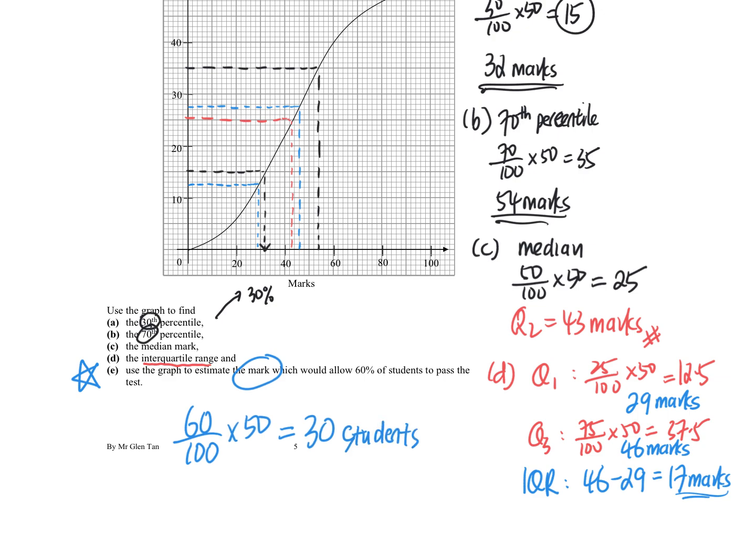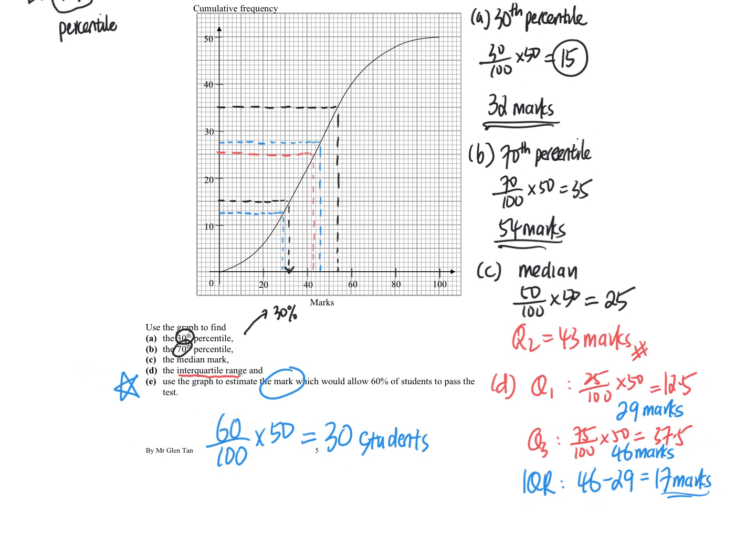So I don't care what the mark is, you tell me what the passing mark should be so that 30 children will pass. So if I go to the marking, I need the upper half to have 30 children. Meaning I will start from my 50 and then I will most likely end off at my 20, because this is my 30 children. I need these 30 children to pass.